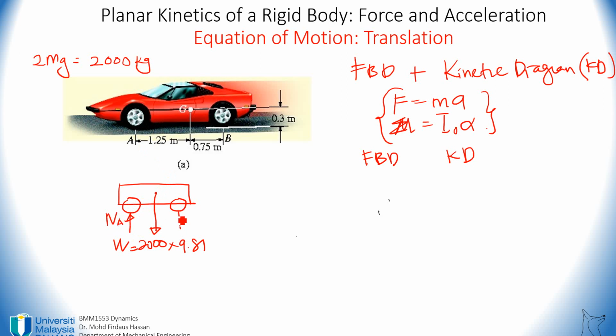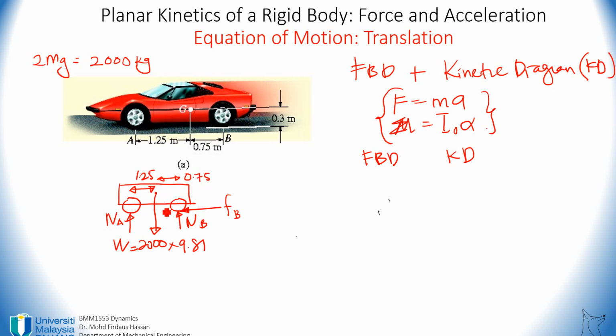So you have a normal force at B. And at the same time you have the friction force, I put it F. The distances are given: from here to here is 1.25 meters, here to here is 0.75.